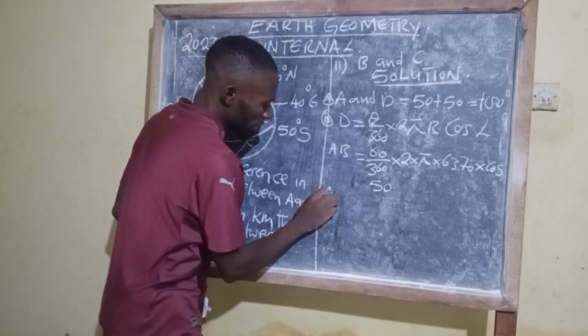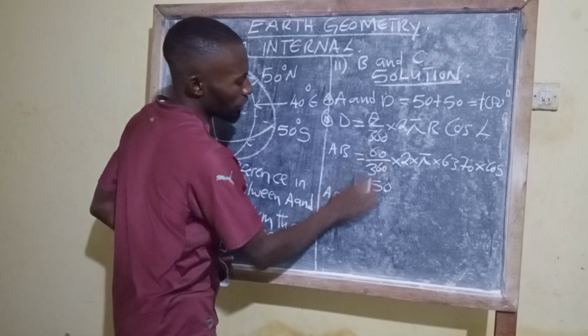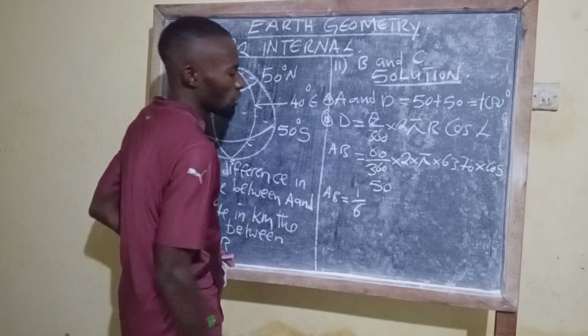From there we can calculate AB, which is equal to 1 over 6, when you divide 60 into 360.